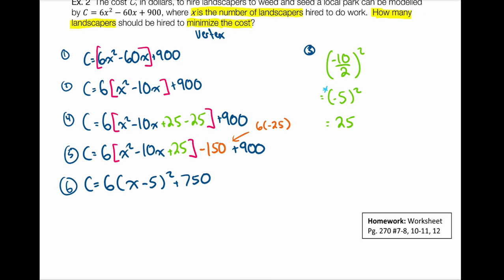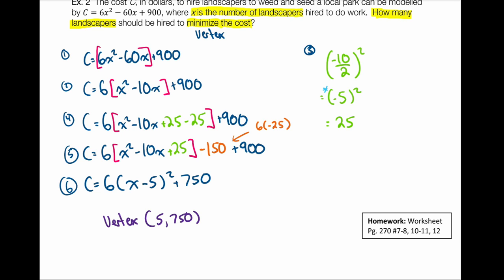So we've turned it into vertex form, but we still need to answer the question. We need to know how many landscapers should be hired to minimize the cost. In this case, we're looking for our vertex, and our vertex here is 5, 750. If you have trouble figuring that out, remember again, the vertex is h and k from our vertex form.